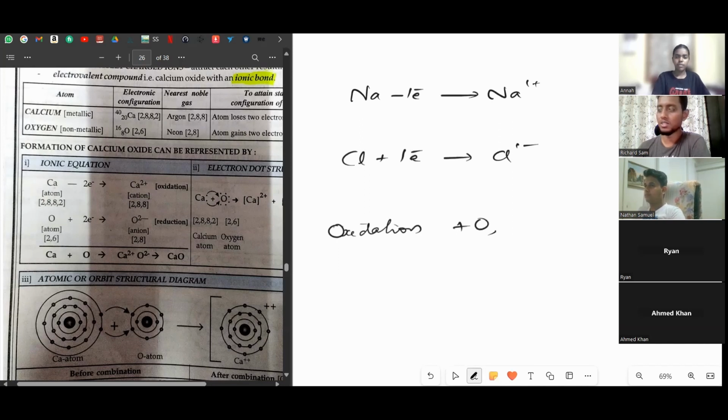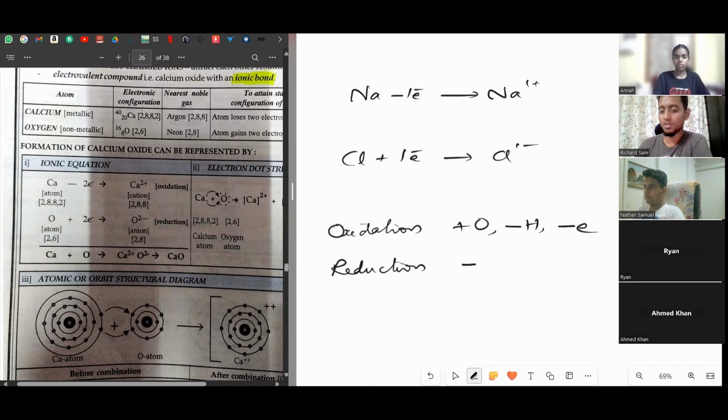It also means removing hydrogen. It also means removing electrons. And reduction is the opposite. This is very important. It keeps coming in all the chapters. Reduction means removal of oxygen, which also means addition of hydrogen or addition of electrons.